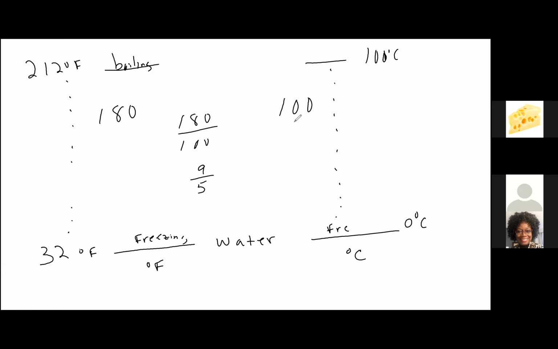Sometimes you may see it written in the form of a decimal. I prefer a fraction. I prefer the 9/5, and I think that you will too when you see how much easier it is to convert between one and the other. So our first equation then that we have on this sheet, I'll go back to my sheet now.